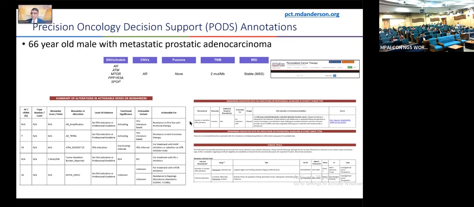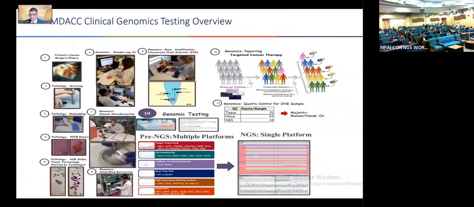Unfortunately, I won't be able to go through some of these in the interest of time, but just wanted to point out that all of this growth is in fact under a larger umbrella of a bigger genomics program, where we are able to leverage all of this information and contribute back to patient care directly.